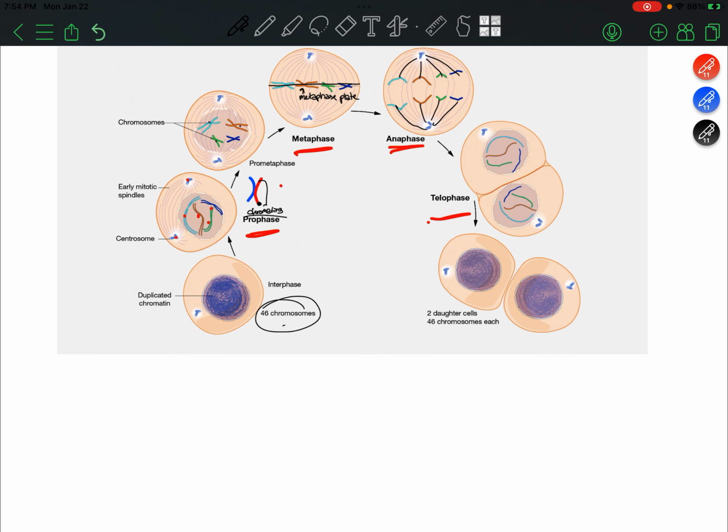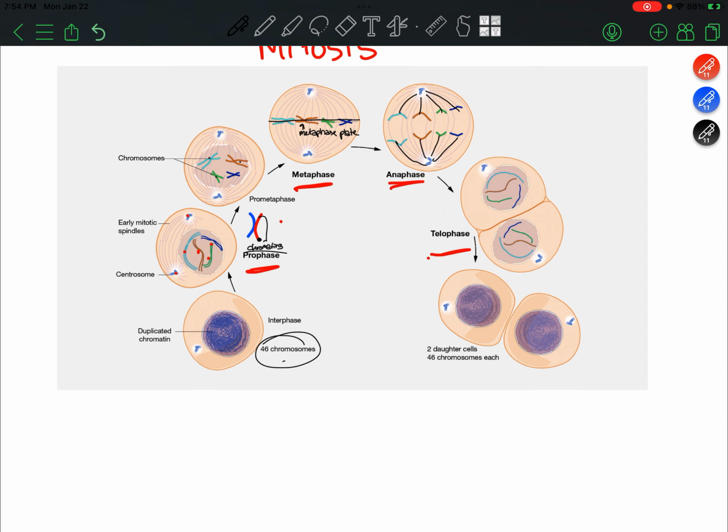Am I looking at mitosis or meiosis? Oh, okay. I am so sorry. The image that I'm using is a mix of the two. The way I found this image is like a mix of both mitosis and meiosis. It's kind of a gray area.